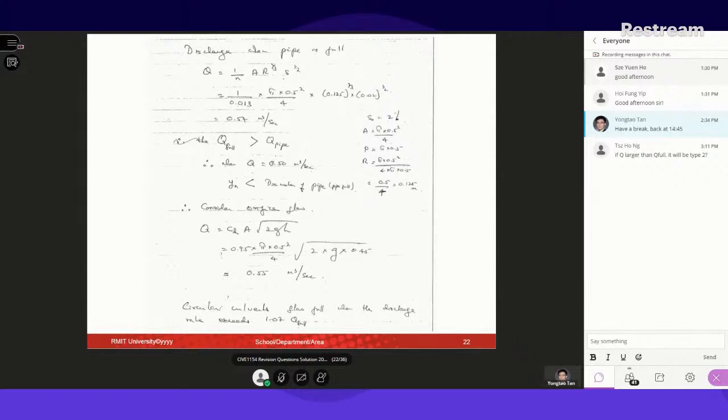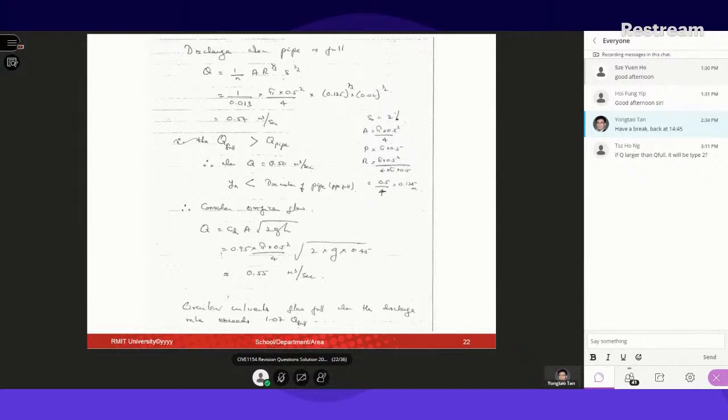If it is a circular culvert, the Q should be larger than 1.07 Q full. So if the discharge of the culvert is larger than 1.07 Q full, it is type 2.